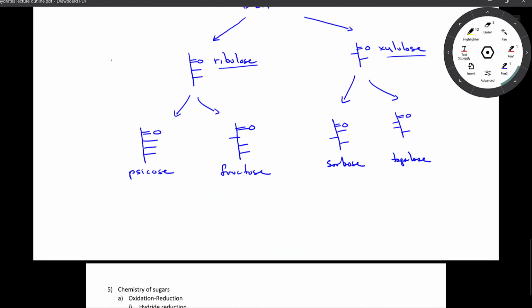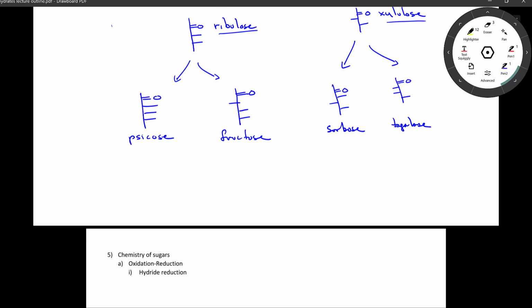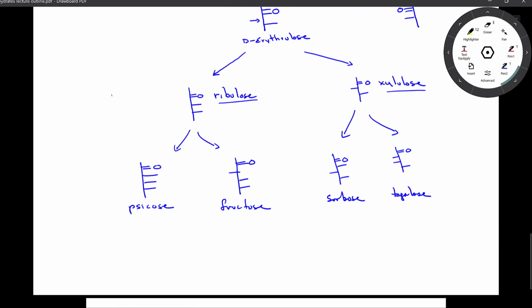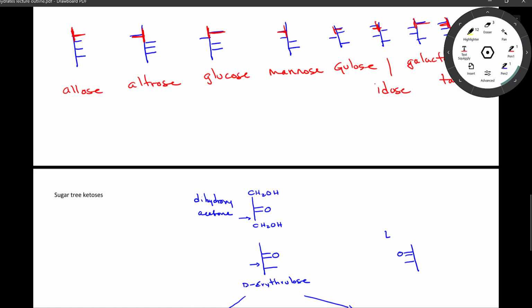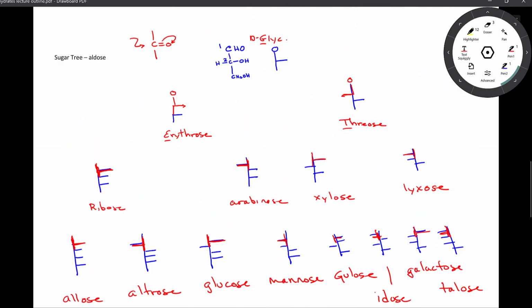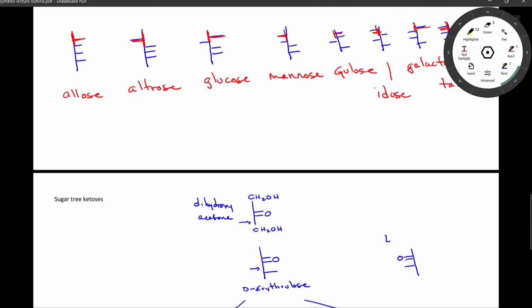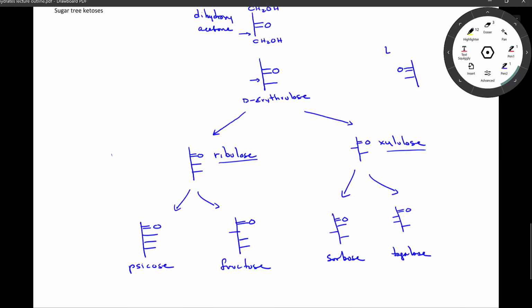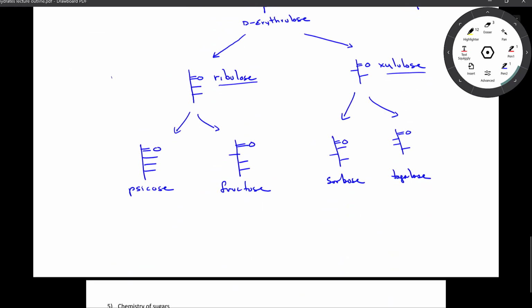So they're the first two in that branch. So ribulose and xylulose are similar. Now erythrulose, when you look at erythrose, it's also pointing in the same direction. So they have those things in common with the structure, and therefore the names are similar to each other.